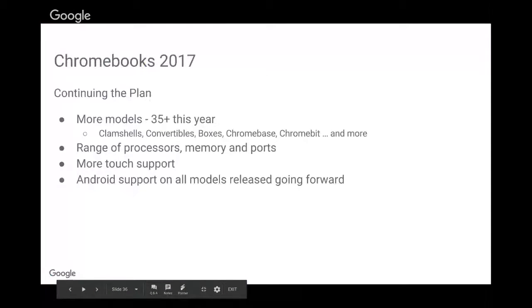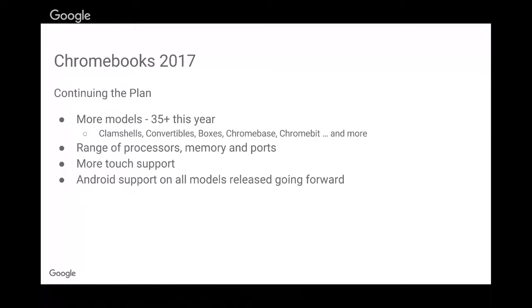All right. So before we close it out here, I'll go through a brief summary of what we covered. As we're looking into Chromebooks for this year, it's really about providing more models, a more variety of form factors, making sure that they're more touch enabled, and that the models that we're going to be releasing going forward also support Android on Chromebooks.